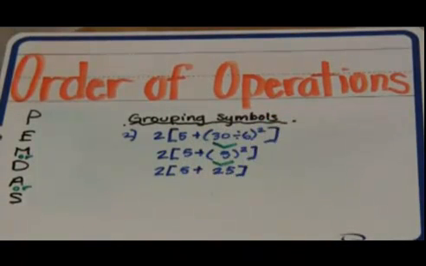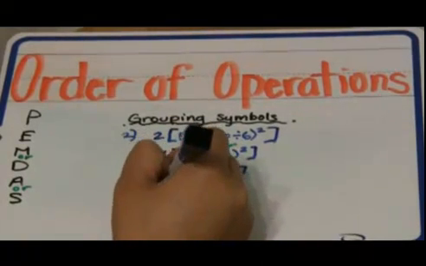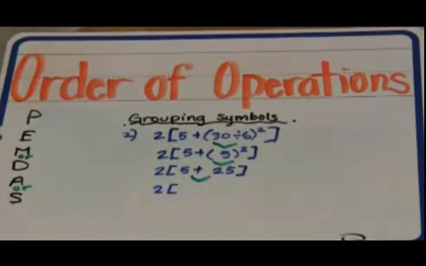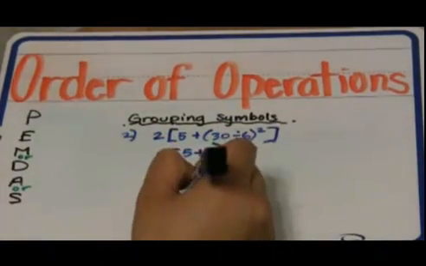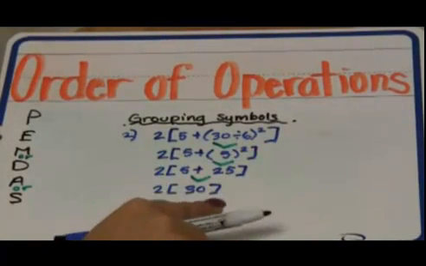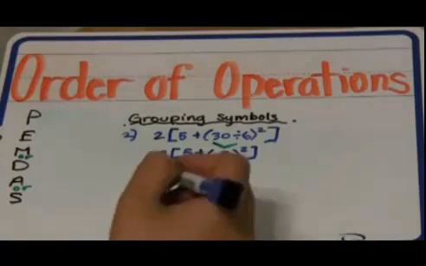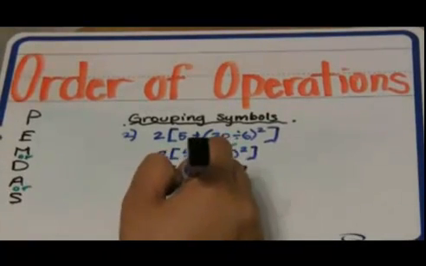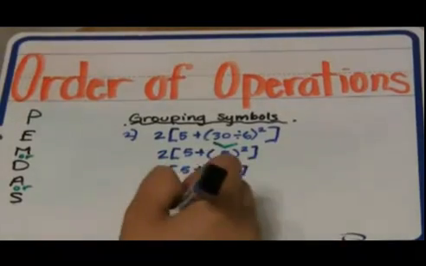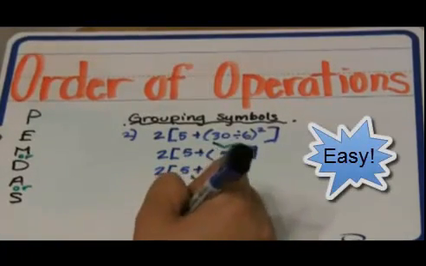Within our bracket, we now have 5 plus 25. So I have that 2, my bracket, and 5 plus 25 is equal to 30. My bracket works the same thing as the parentheses, so this would be the same thing as 2 times 30, which is equal to 60.